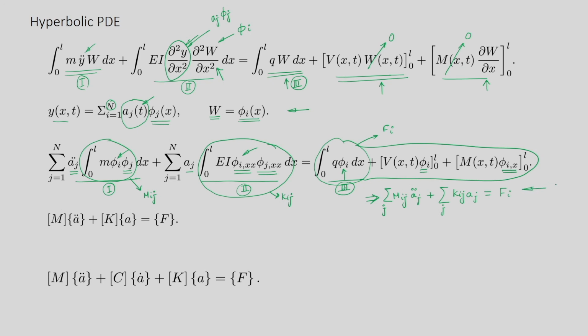We get this by substituting w as phi I. So that's why this is the ith equation. So if I go on and replace I with 1, 2, 3 and so on up to n, then we get similarly n equations. Those n equations we wrote in the matrix form as M a double dot plus K a is equal to f, fine.